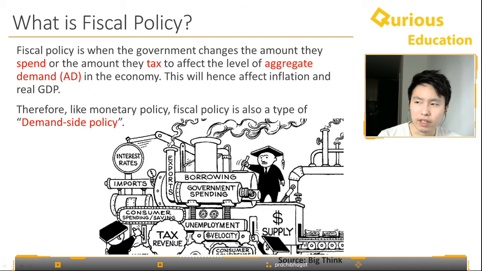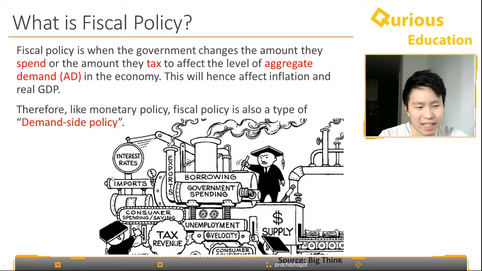So if the government suddenly wants to build a new railway, then as a result they would hire more workers and it would increase the level of production in the economy. And because both fiscal policy and monetary policy affect demand, we call these demand side policies. This is different from the supply side policies that we looked at 2 weeks ago.